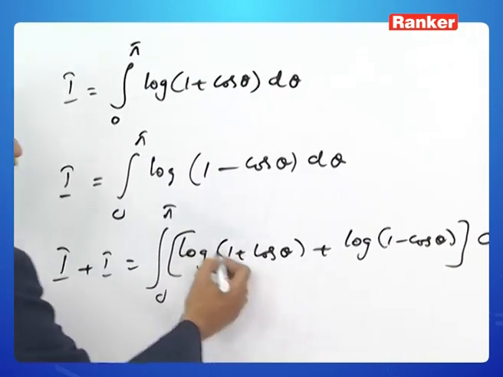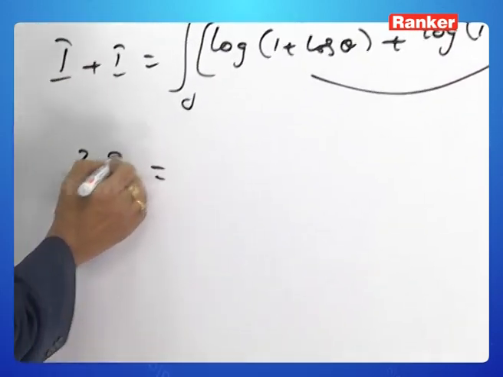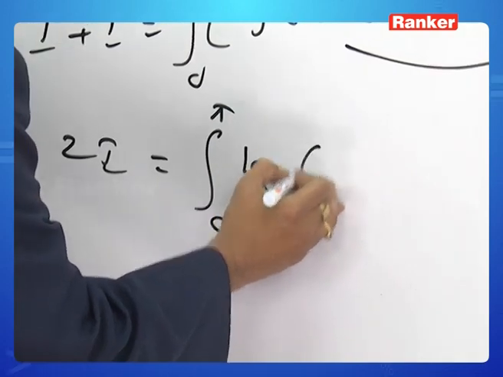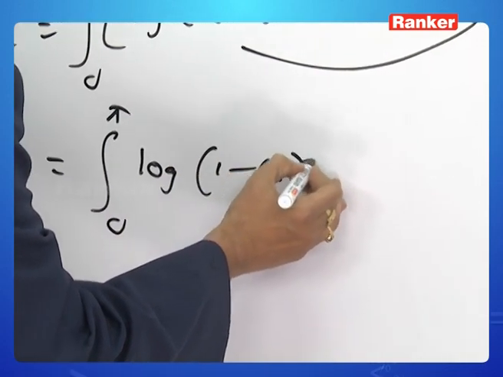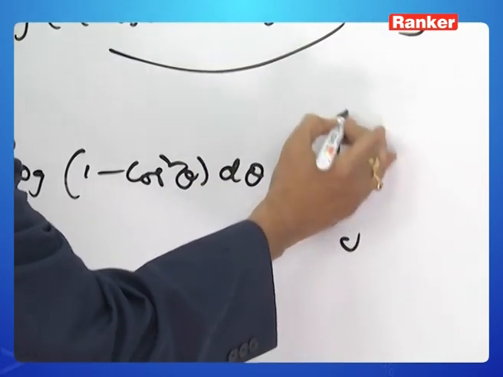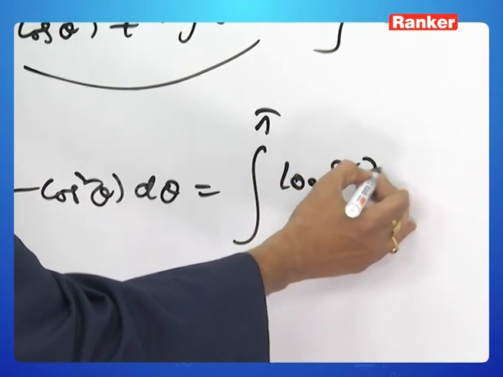So it is log of 1 plus cos theta into 1 minus cos theta, that is 2I is equal to integral 0 to pi log of 1 minus cos square theta, which is nothing but 0 to pi log of sin square theta.